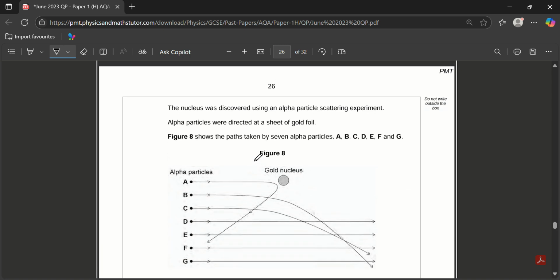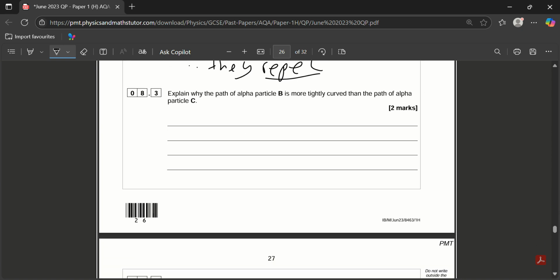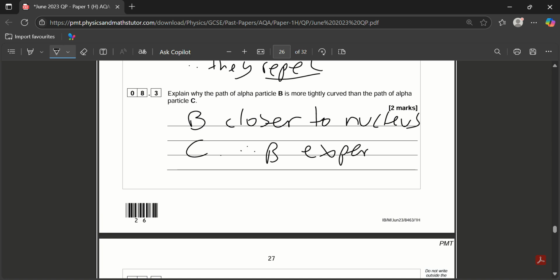8.3. Explain why the path of alpha particle B is more tightly curved than the path of alpha particle C. Well, we can see that B is much closer than C is to the gold nucleus. So B is closer to the nucleus than C. Therefore, B experiences a stronger repulsive force, or you can say electric field.